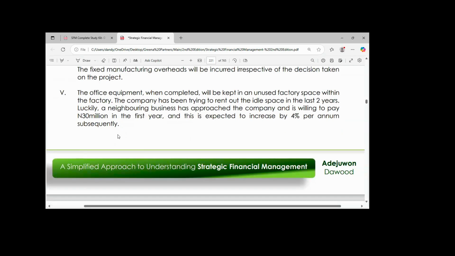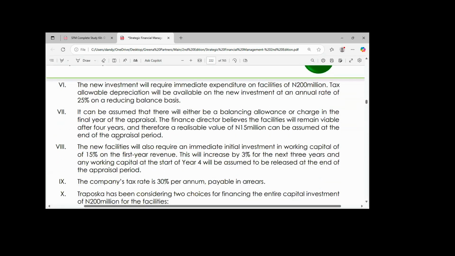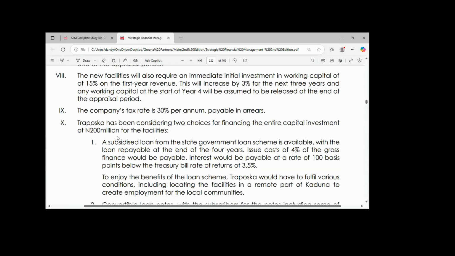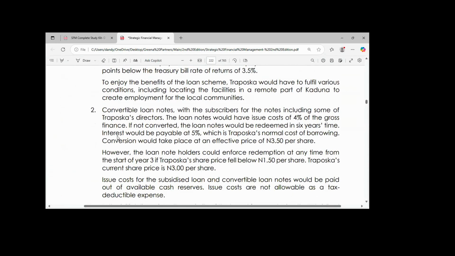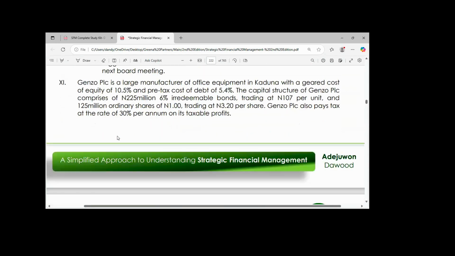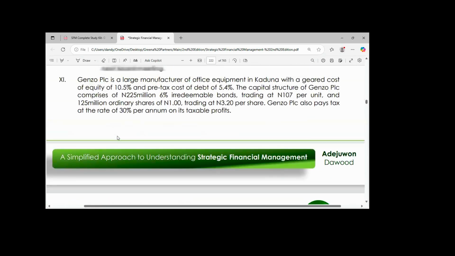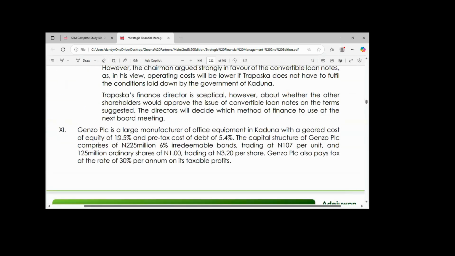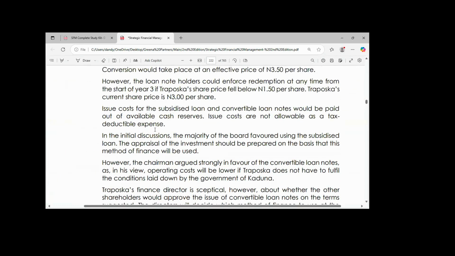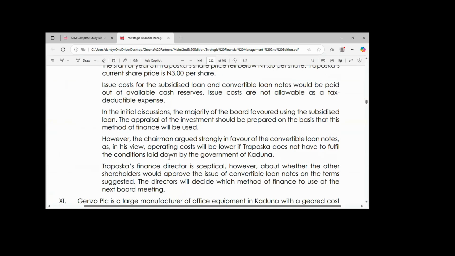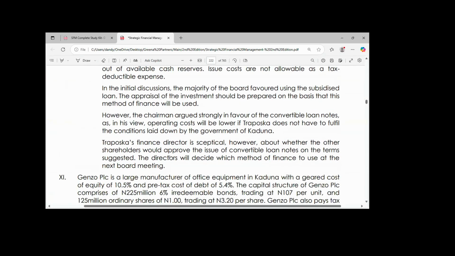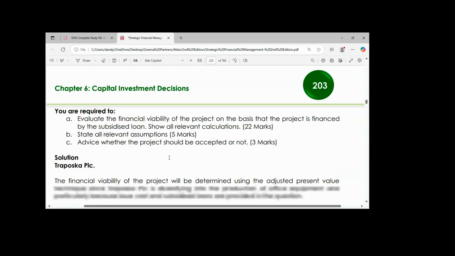So it's very straightforward. It's the same thing as what we have done, except that this one involves both equity and debts. I want to see the information on equity, issue costs. Let me go back.